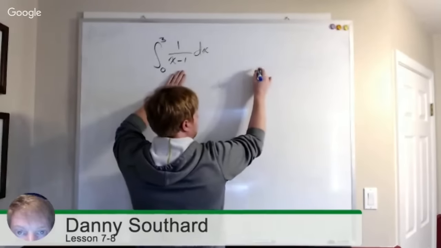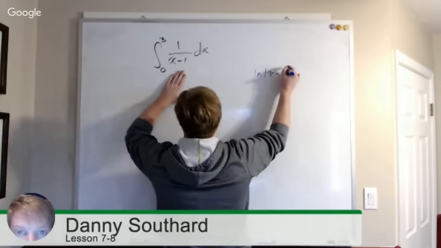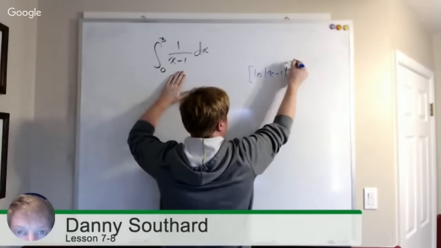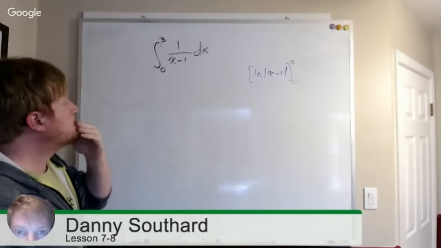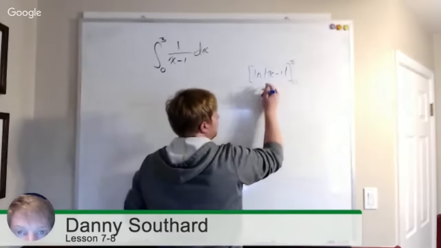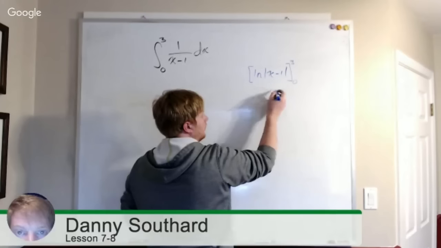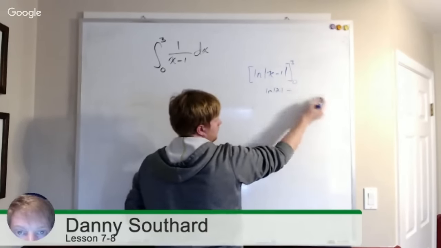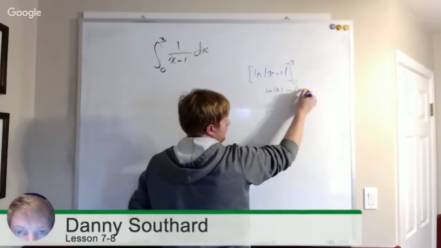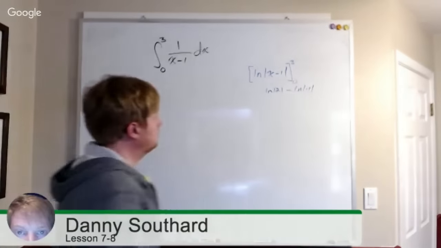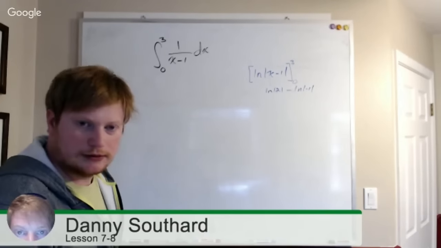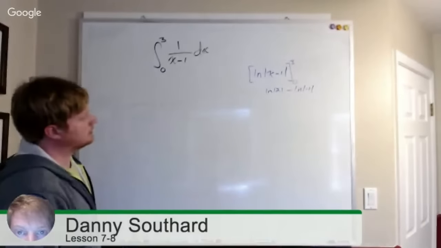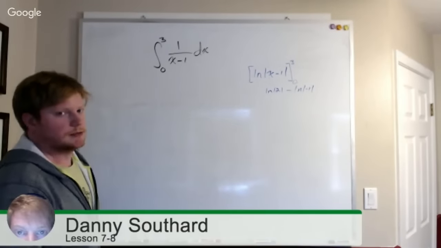We would integrate this and we'd get the natural log of x minus 1 from 0 to 3, and we get the natural log of 2 minus the natural log of negative 1, which we don't like, but I might get to this and think there's something off about this.